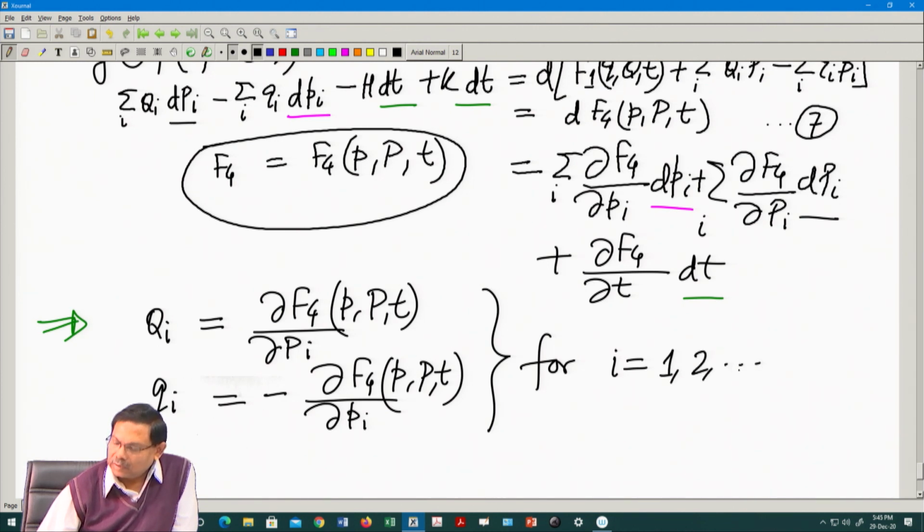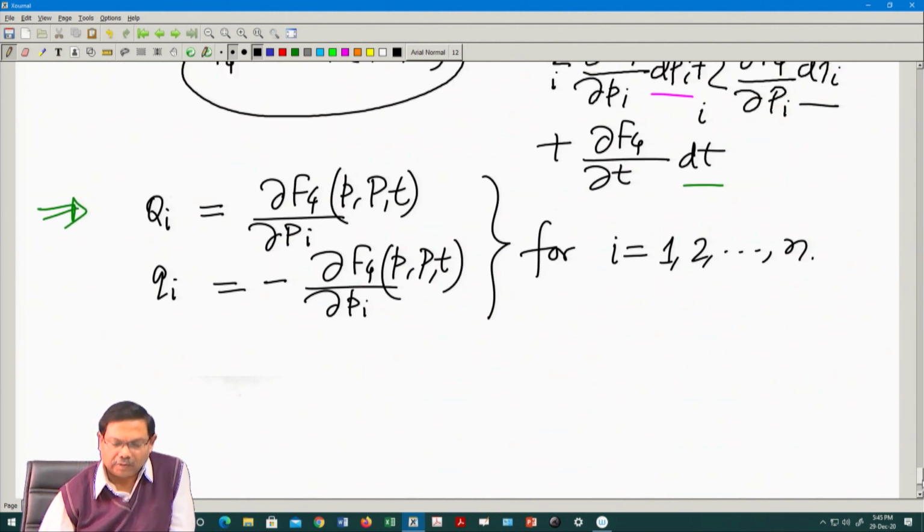So, if there are n degrees of freedom, i goes from 1 to n.